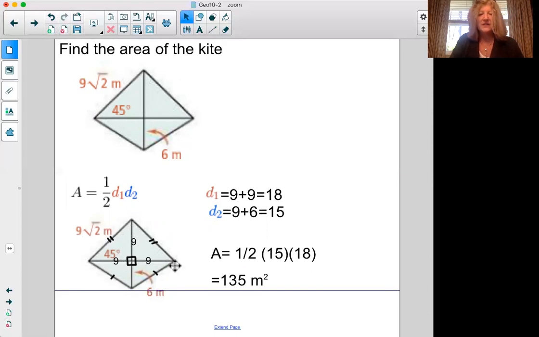Now we know that this is the diagonal that gets bisected. So if that's 9, that's 9. But this is the diagonal that does not get bisected. It does the bisecting. So we have to figure out if that's 9, this is 6, we add them together to get the other diagonal is 15. So we've got 9 plus 9 for diagonal 1 and 9 plus 6 for diagonal 2. And then area is half diagonal times diagonal.